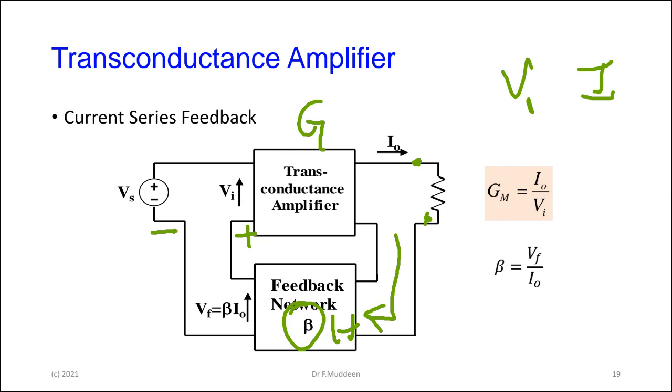If I have to sample output current, then I have to sample current in series with whatever is the load. So this is current series feedback, and how am I doing the feedback? If I'm feeding back a voltage, I'm feeding it back in series. If I'm feeding back a current, I'm going to feed it back in parallel, or in shunt.